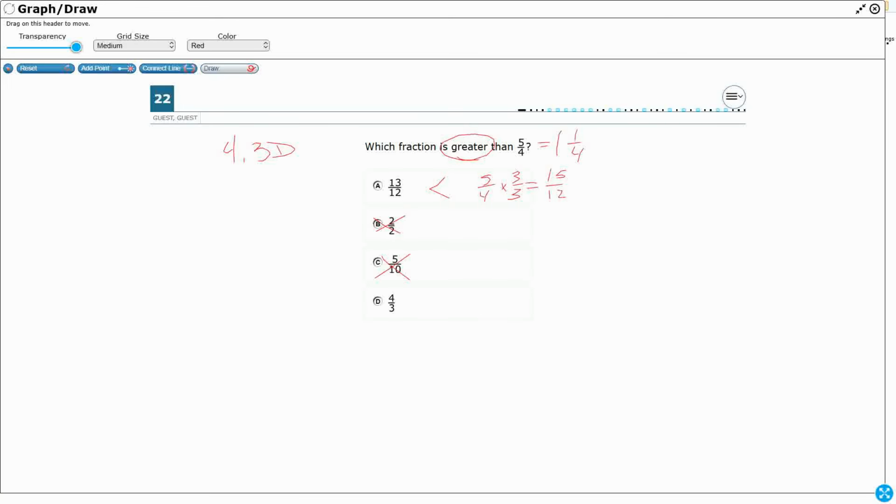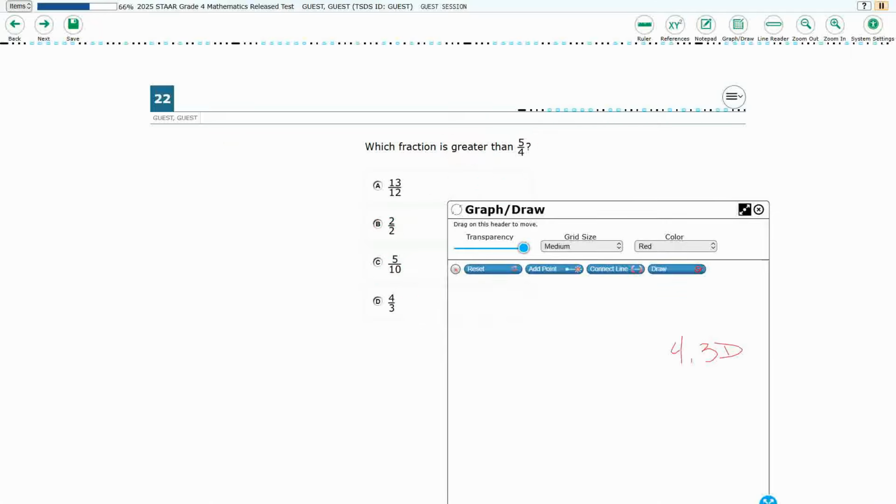So let's do 4/3. Let's do twelfths, because I've already got my 5/4 into twelfths. That's 15/12. Let's multiply this by fourths, because 3 times 4 is going to get me 12. That's what I'm looking for. I need a common denominator. Look at that. 16/12 is greater than 15/12 barely, but it's going to work. And so our answer here is D.